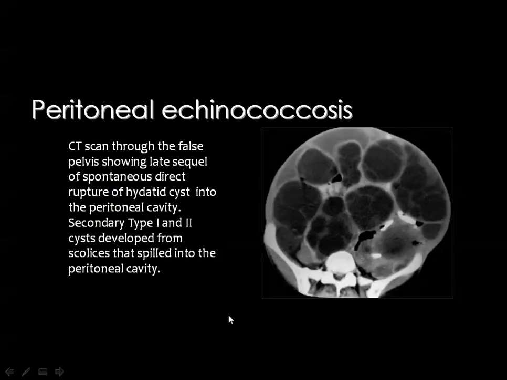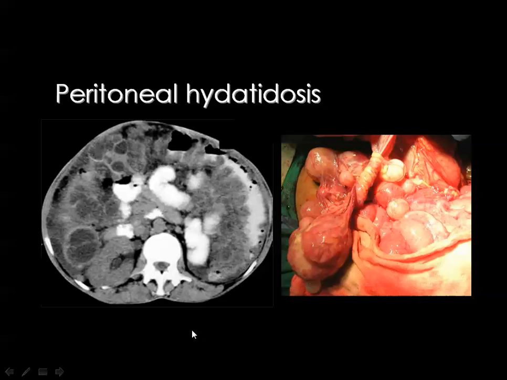Then this is the case of peritoneal echinococcoses, and you see too many cystic lesions with some internal daughter cysts and a small cyst in between representing multiple hydatid disease. And this is also peritoneal hydatidosis, with too many hydatid cysts in the peritoneal cavity.